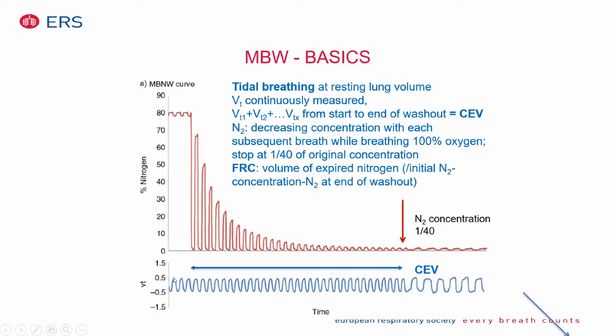During this washout, you will measure tidal volumes, and all the volume that has been expired during this tidal breathing is added up to cumulative expired volume. And the FRC, the functional residual capacity, Nicolas has been talking about that before, is the volume of expired nitrogen until the washout is complete.